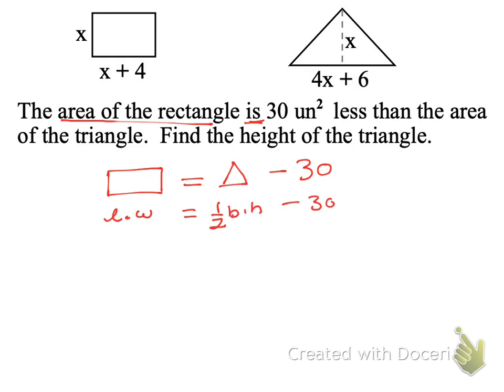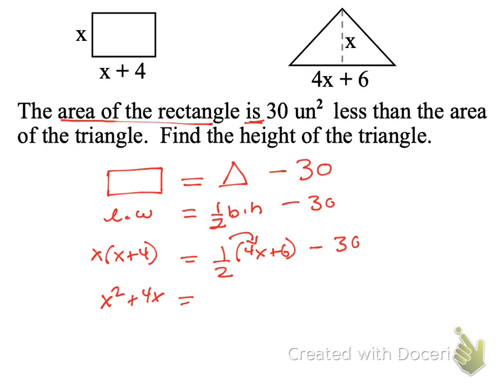And now we have to substitute. So on here we're going to do x times, I'm doing it backwards, width times length, x plus 4 equals 1/2 times 4x plus 6, minus the 30. And now I'm going to distribute. I get x squared plus 4x equals, what does that become?